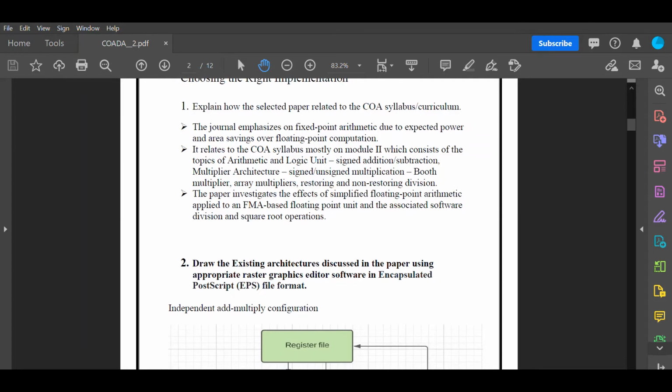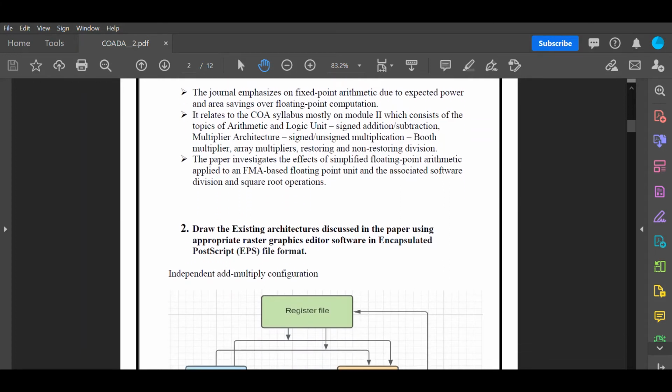And the paper investigates the effects of a simplified floating point arithmetic applied to the FMA-based floating point unit in the associated software division and square root operations.